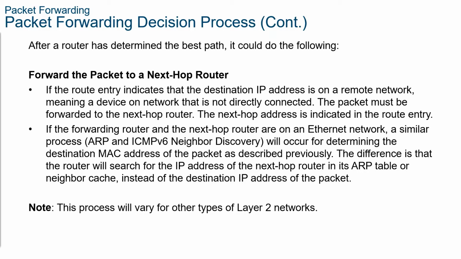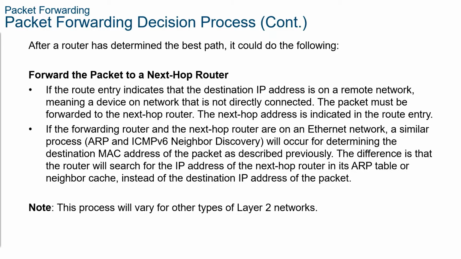The next hop address is indicated in the route entry. If the router and the next hop router are on an Ethernet network, a similar process, ARP and ICMP neighbor discovery, or ND, will occur for determining the destination MAC address of the packet as described previously.